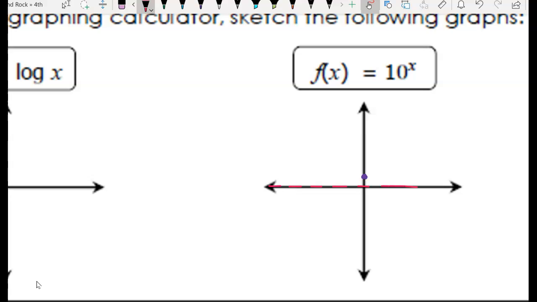I know that this hasn't been moved up or down because there's no k, so my asymptote is still y equals 0. I plugged in 0 and got 1, so that's how I plotted the point 0, 1. What happens when I plug in 1? You get 10, so we have the point 1, 10. And I know that to the left it's approaching my asymptote, and to the right we're increasing exponentially. And that's enough.